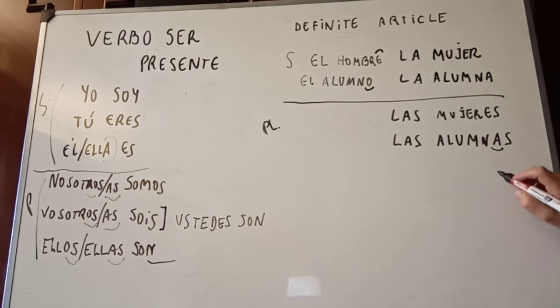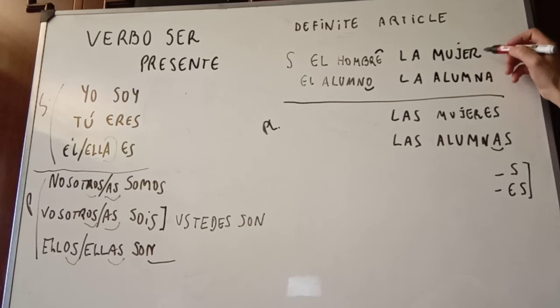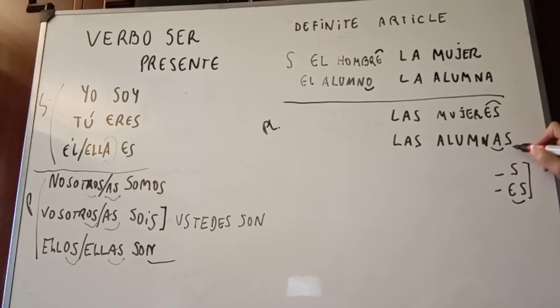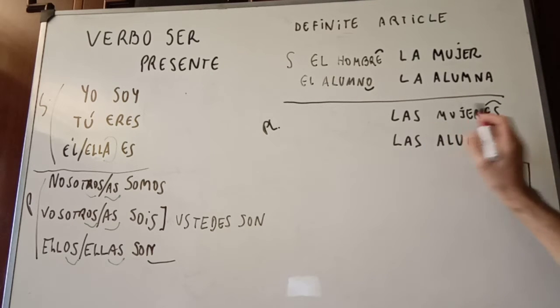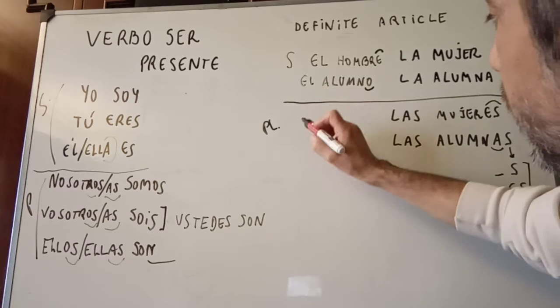So the marks of plural in Spanish are either S, or in others it's ES. In this case, we have to use this one, and in this case, this one. El hombre.